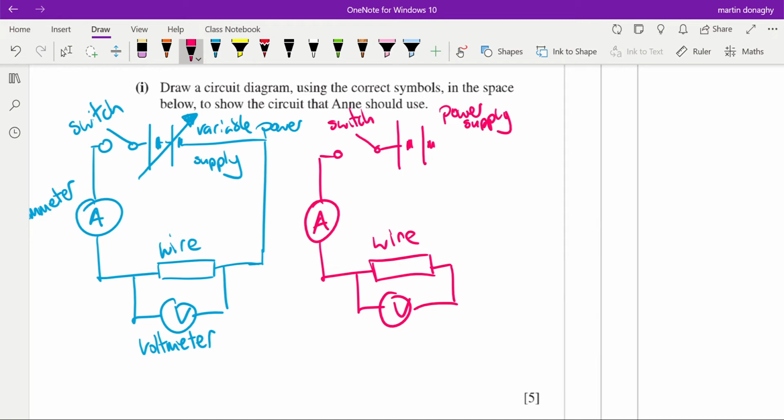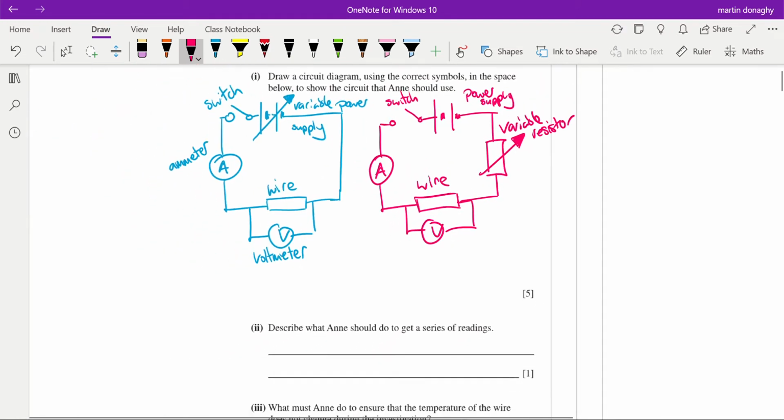But then somewhere in that series circuit, we need a variable resistor, because that allows us to change the voltage and the current across the wire. The one on the left has one less component, therefore I think it's easier, and that's the one I would probably go with in an exam.